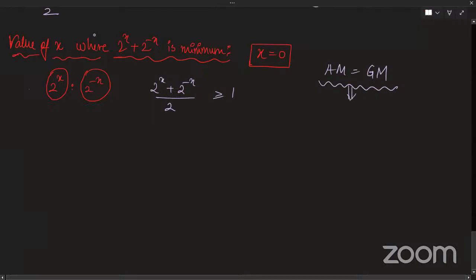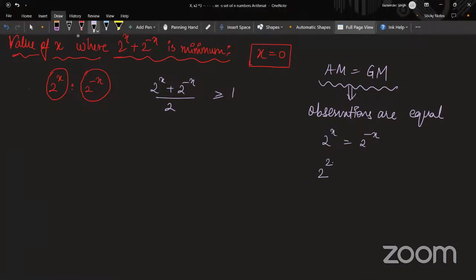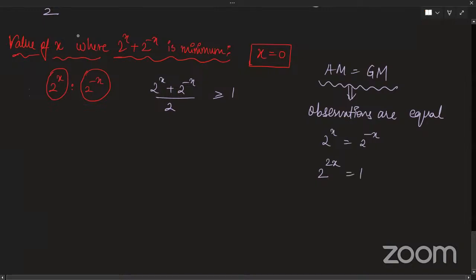That my observations are equal, right? So my observations 2 raised to x and 2 raised to minus x are equal, that means 2 raised to 2x is equal to 1. So when is this possible? x is equal to 0. That is how I got it.